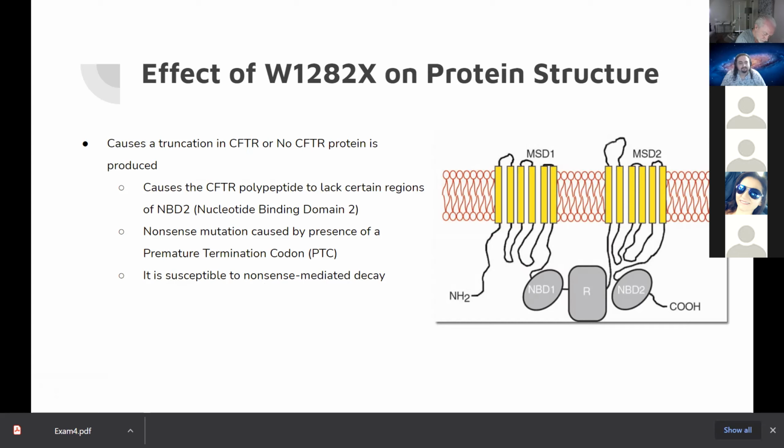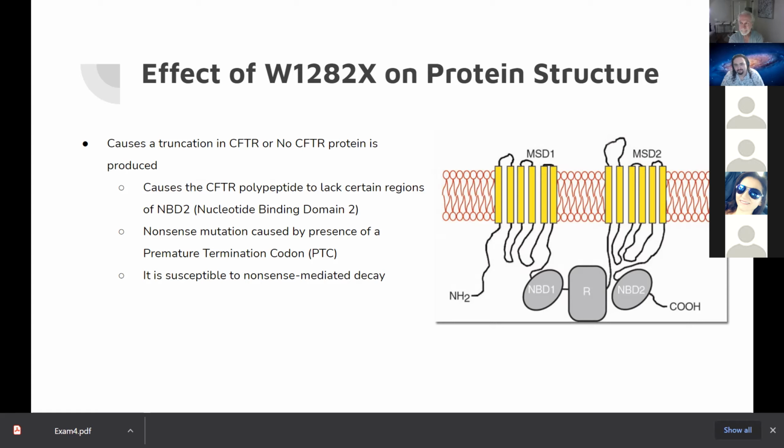Nonsense mutations are a result of the presence of the premature termination codon, or PTC for short. CFTR is susceptible to nonsense mediated decay, which causes it to produce a shorter protein that is unstable and lacks normal channel activity in patient-derived tissues.